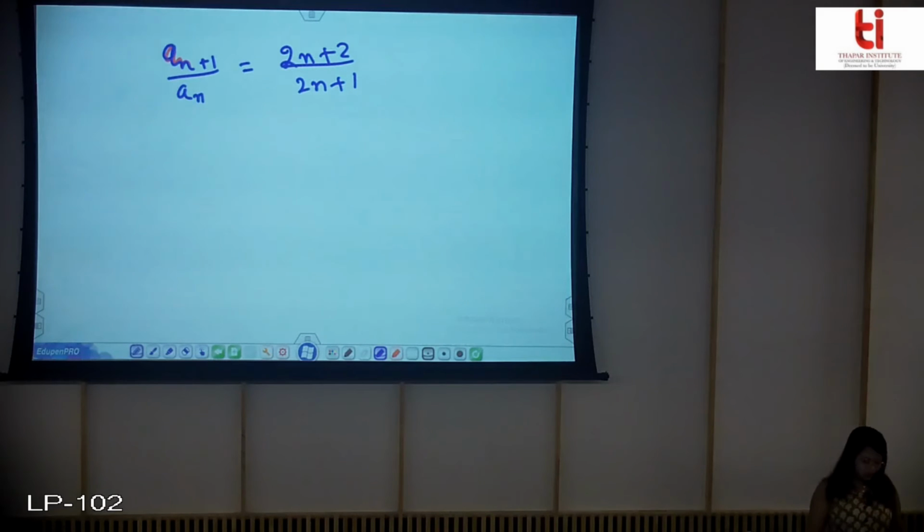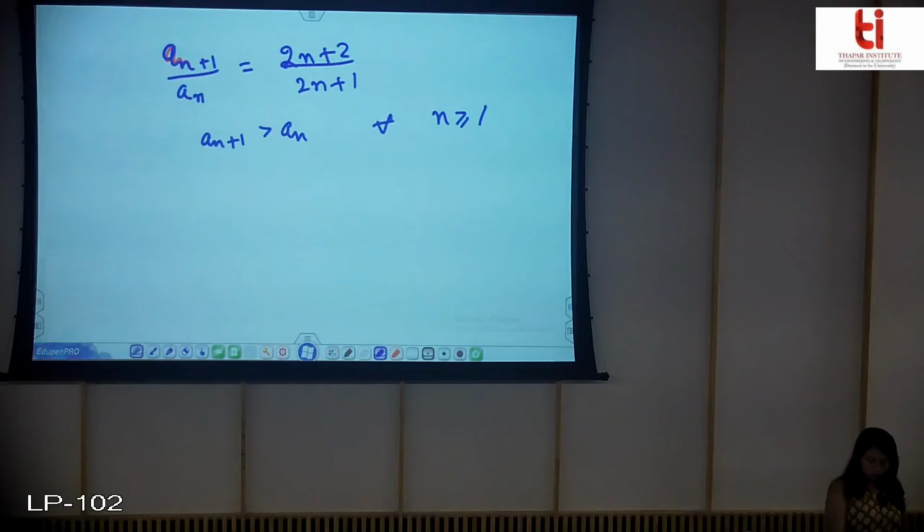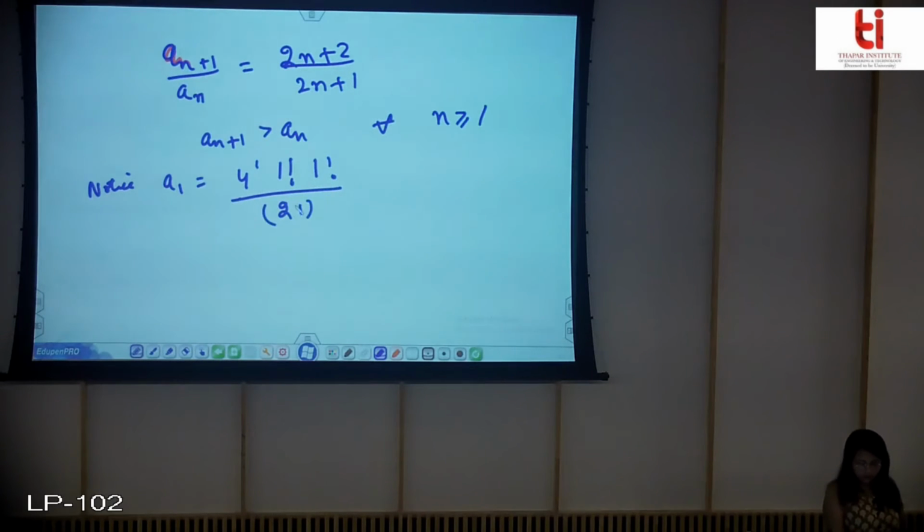Now this gives you a feeling that a_{n+1} is greater than a_n for every n greater than or equal to 1. And also notice that a_1 will be equal to 1 factorial upon 2 into 1 factorial, which is equal to 2.